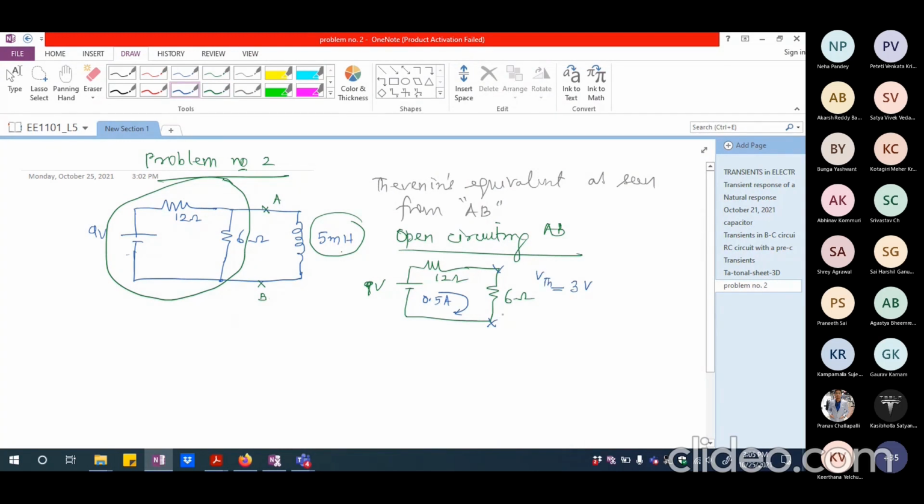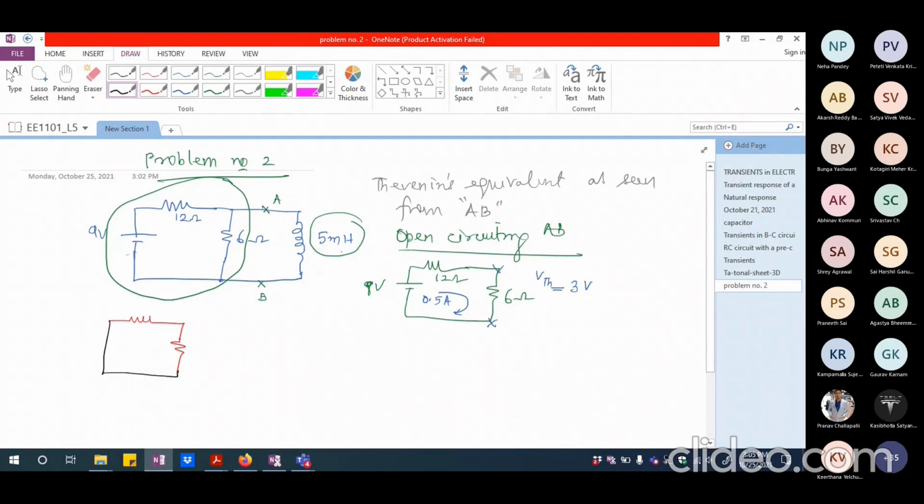And when I want to check what is RTH, I can simply do one thing, that I can simply connect it like this. In fact, I have to short circuit the voltage source, right? If I want to really look at RTH, that is also one way.